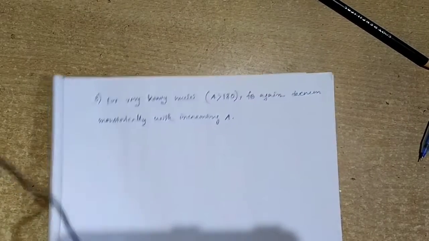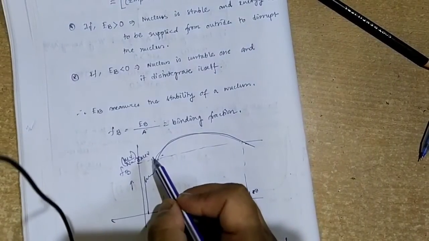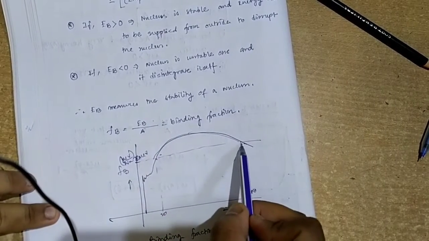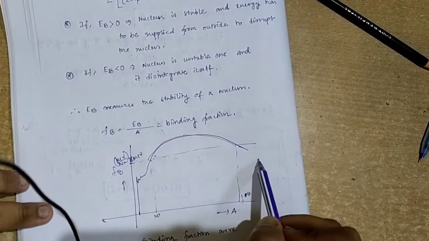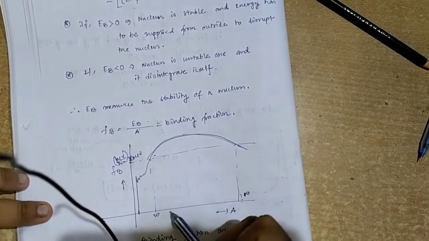Okay, তার মানে here it decreases again for A greater than 180, the value of FB decreases monotonically with increasing A value.